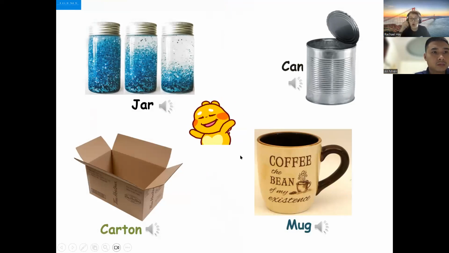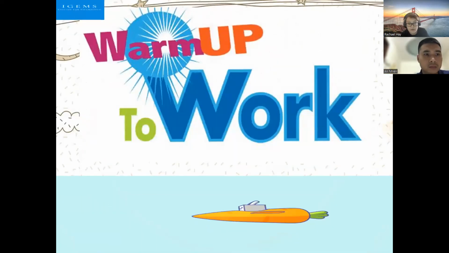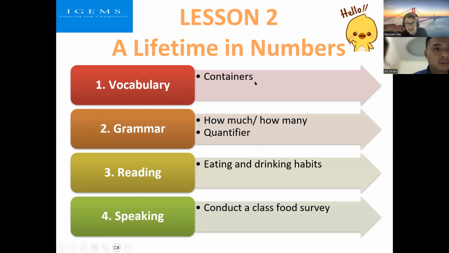We are learning about containers. So a container is something that you can put something into. So you see the word we have over here, containers. Something like a box is a container, something like a tub like this is a container. Anything that you can open and put something in.